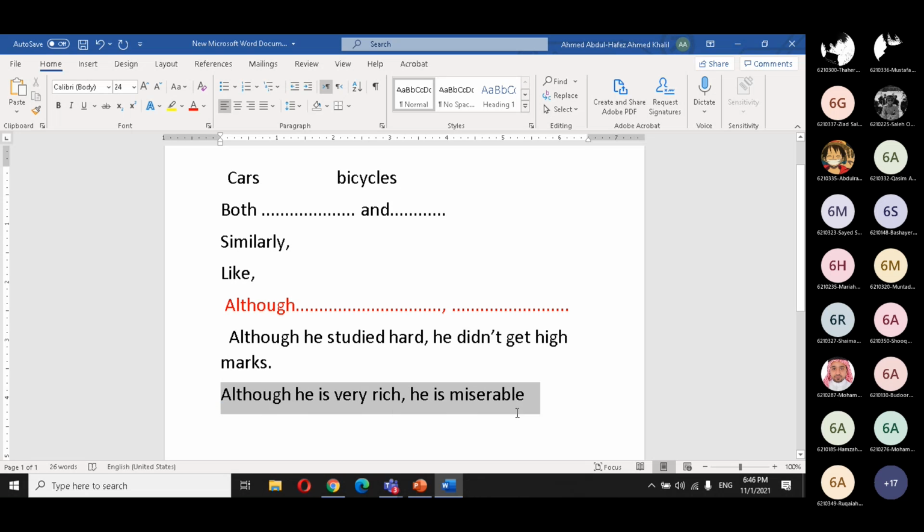Let's go back to the first sentence again. Although he studied hard, he didn't get high marks.